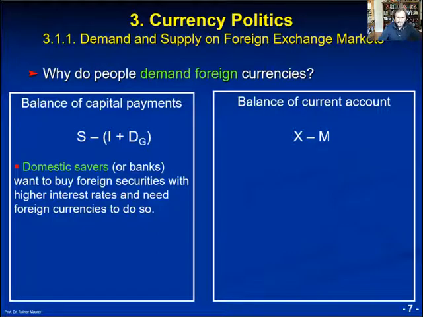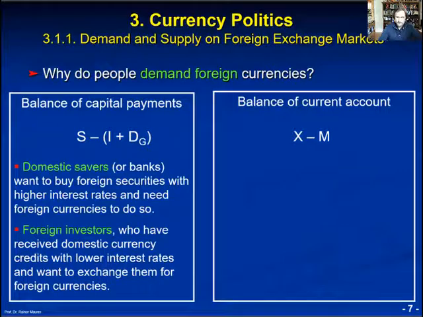Or if, let's say, foreign investors who have received domestic currency credits with lower interest rates want to exchange them for foreign currencies.